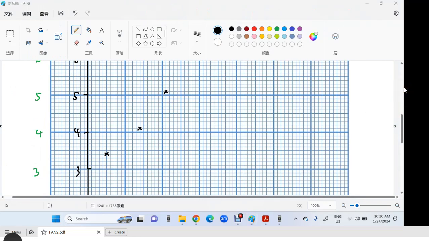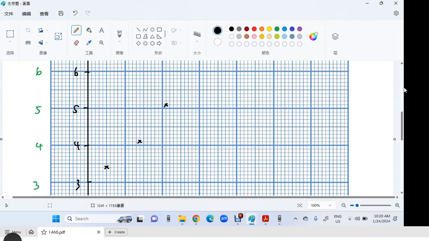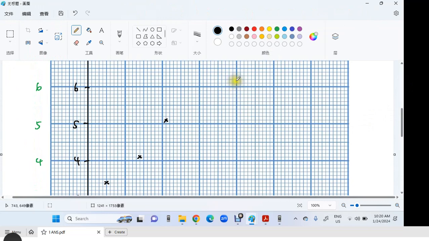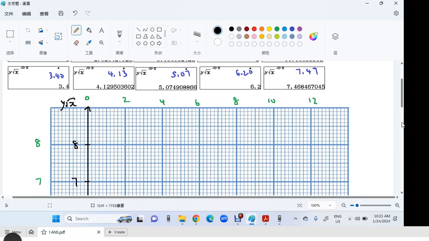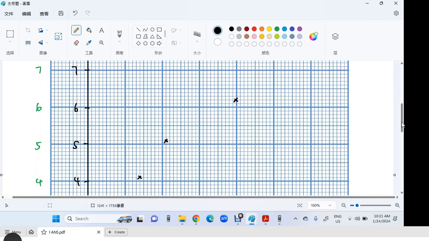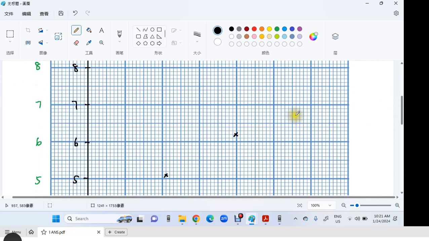And then we have 11.2, 7.5, somewhere here.